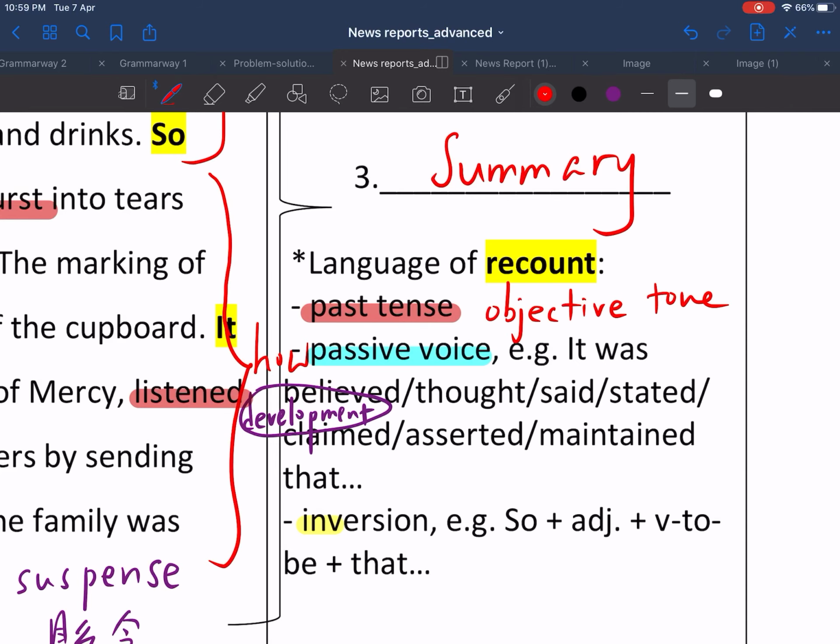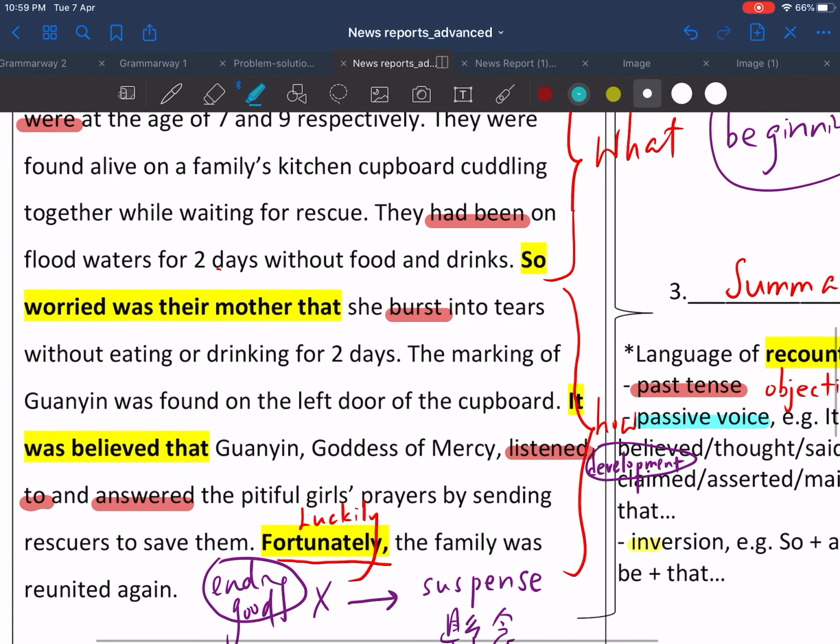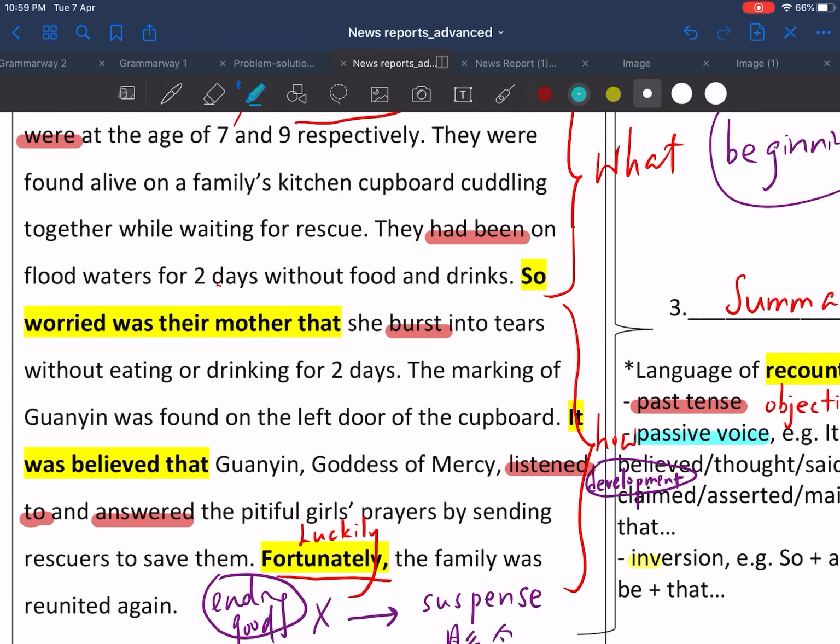Let's have a look at the passive voice, the example from the summary part. You can see it was believed that. We use this passive voice to achieve objectivity, to make our claim and argument sound more objective.